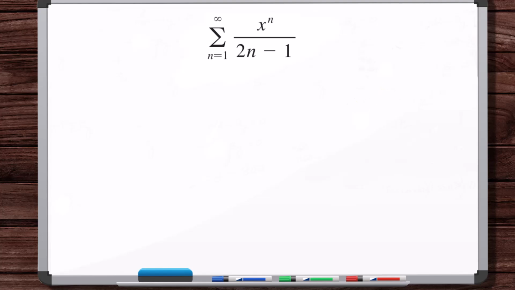Okay, so ratio test. The c sub n was 1 over 2n minus 1, but all of this is the a sub n, right? The idea is you can pick a value of x. This is a function of x, and we're trying to find what the domain of this is.